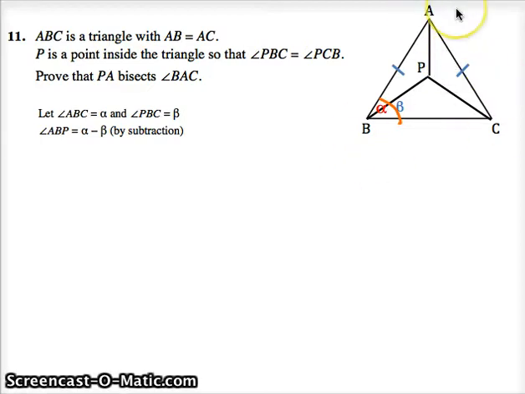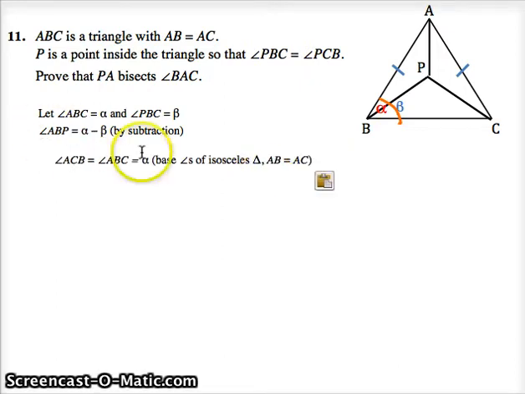We can now start working with the information that we were given. Now, we've been told that AB equals AC, so therefore we know that angle ABC is equal to angle ACB. So we can write that down, and they're both equal to alpha because we let angle ABC equal alpha earlier. Angle ACB equals angle ABC, which is equal to alpha. The reason is that they are base angles of the isosceles triangle, and we were given that AB equals AC.